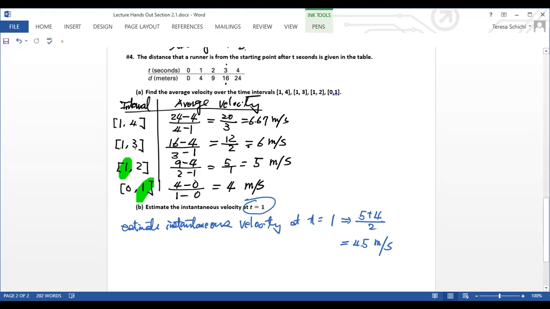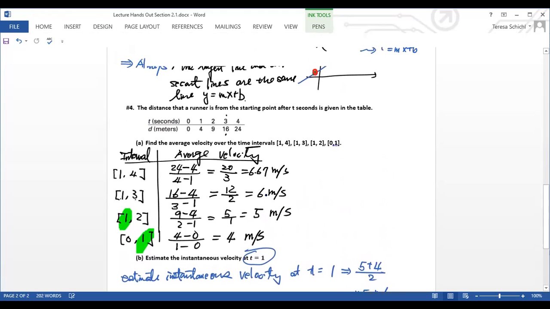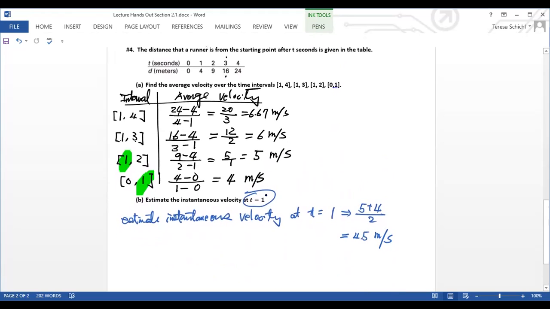All right, and I think that's it for the first lecture. In this lecture, we covered two very important concepts. The first concept is the slope of the secant line. A secant line touches the curve at two points, so it's easy to find the slope of two points. We all know that from algebra.